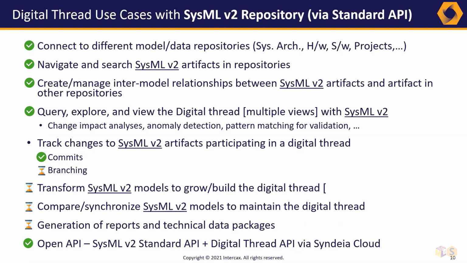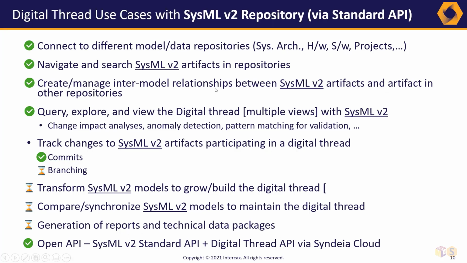The standard SysML v2 API is working fine. We, as a provider or a consumer of the SysML v2 API, didn't see any problems interacting with the standard API and embedding it in our own solution. Also, the use cases that we realize in the Syndeia platform for digital thread, we were able to carry out pretty well with the standard SysML v2 API.